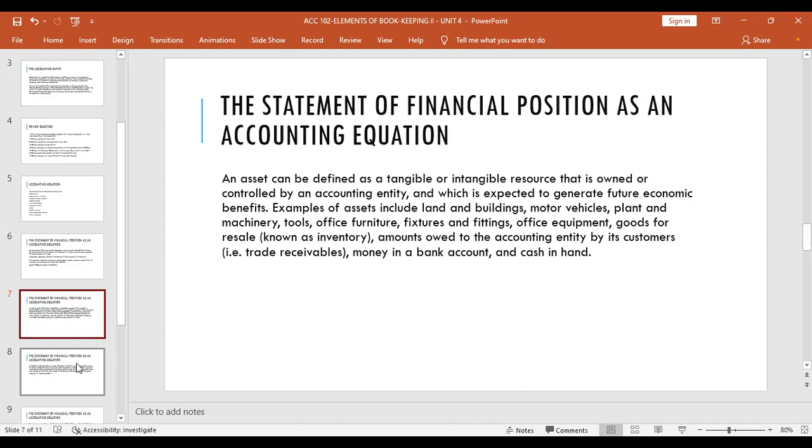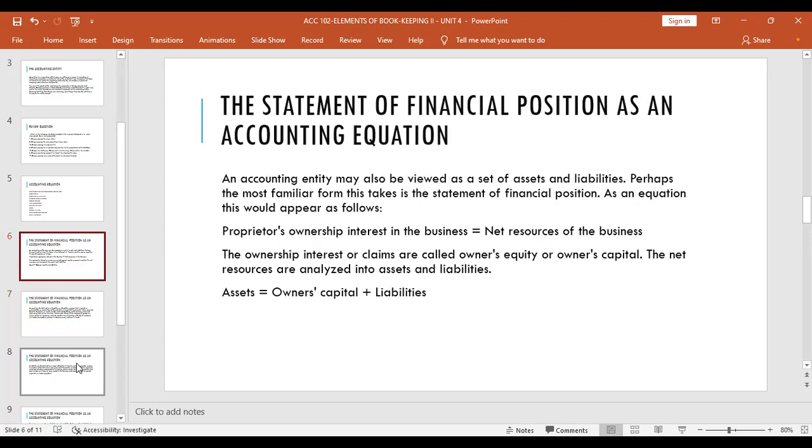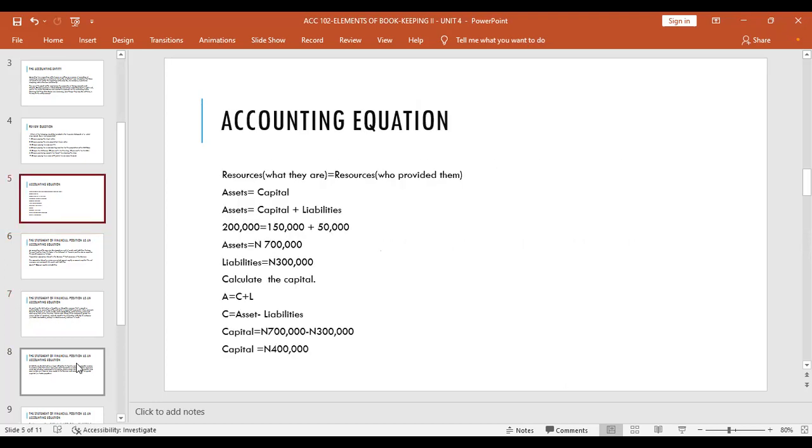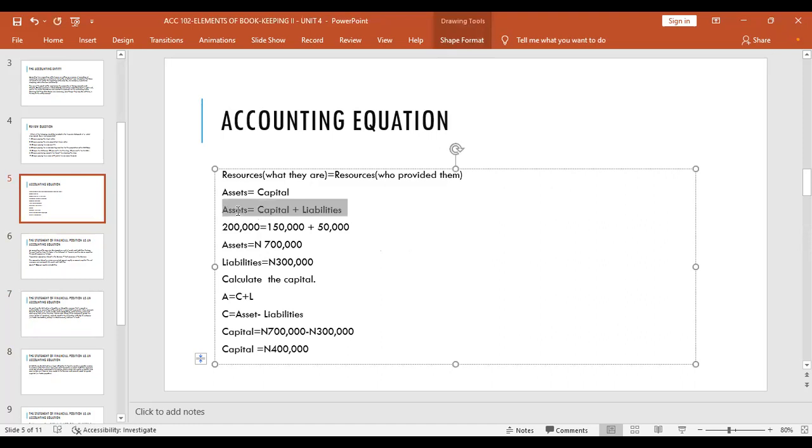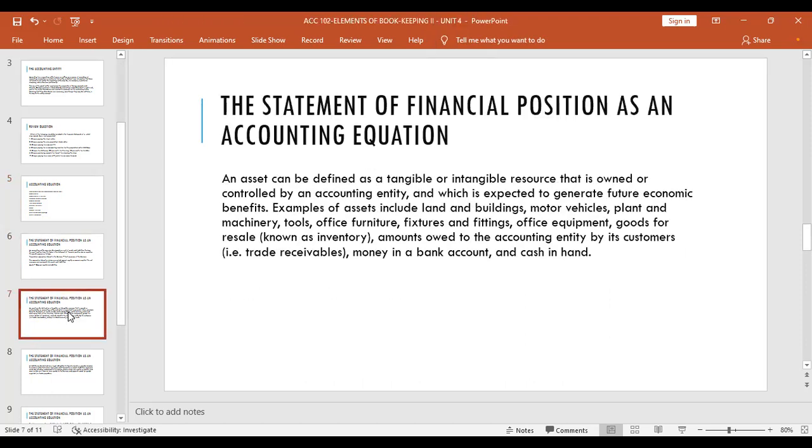Basically, a balance sheet will still be in this form that I have told you here. Assets is equal to capital plus liability, or capital is going to be assets minus liability. So that is basically what it is.